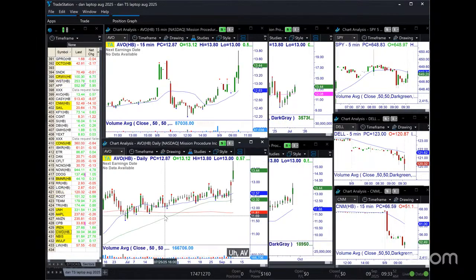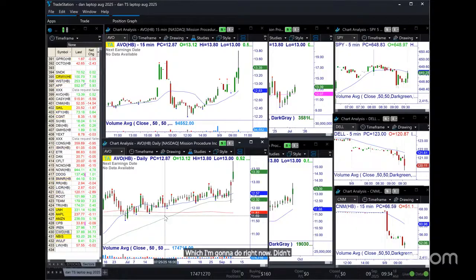AVO exit plan is, if the calls are liquid, Alex, of course you can make more money trying to leg out, but since I'm hedged, I got no problem just sending it as one order, which I'm going to do right now.